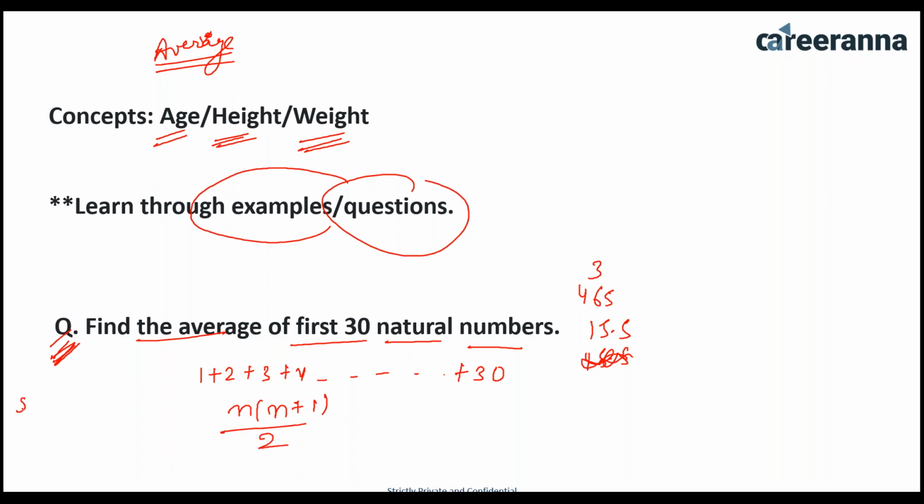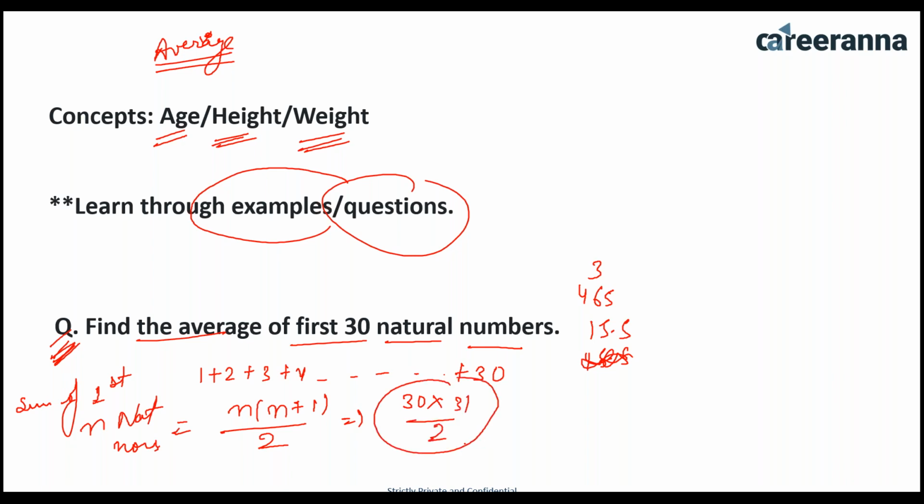The sum of the first n natural numbers. So we can easily do it. Now, the number of observations is 30. The sum of observations is this, the number of observations is this. I just have to solve it. It is 15.5. Also, how can we do it? Anushka, you don't have to multiply because you can directly cancel it. I don't want to make my calculations complex.